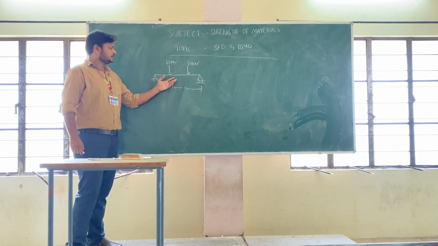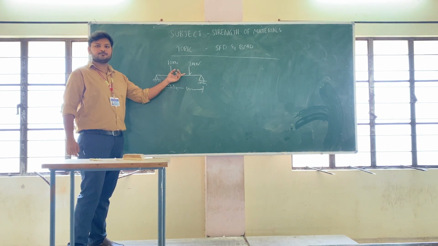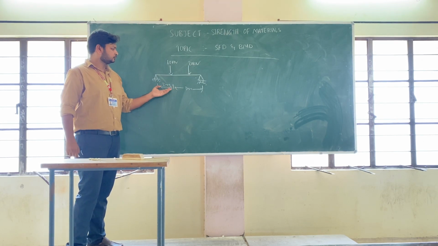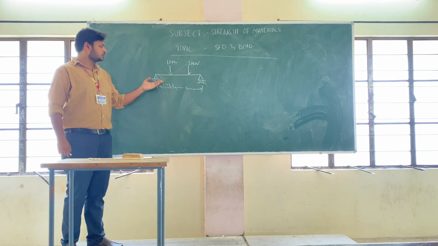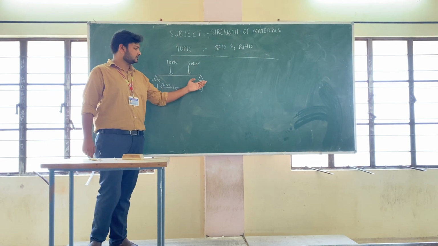It is carrying 2 point loads. The symbol indicates point loads. So one point load is 10 kN, another point load is 20 kN, which are acting at distances of 2 meters and 3 meters. As you know, this support is called a hinge support. This support is called a roller support.